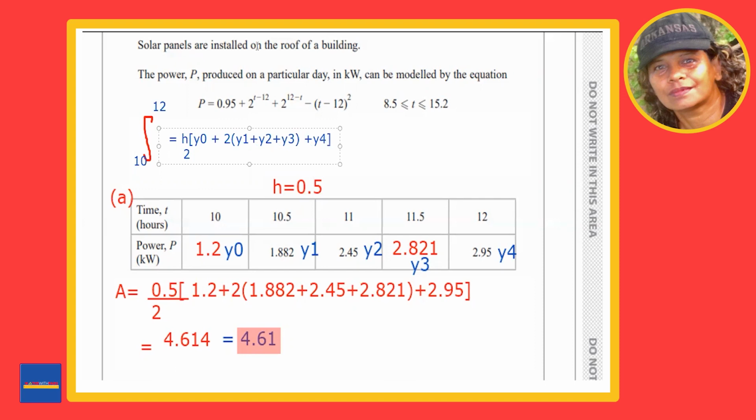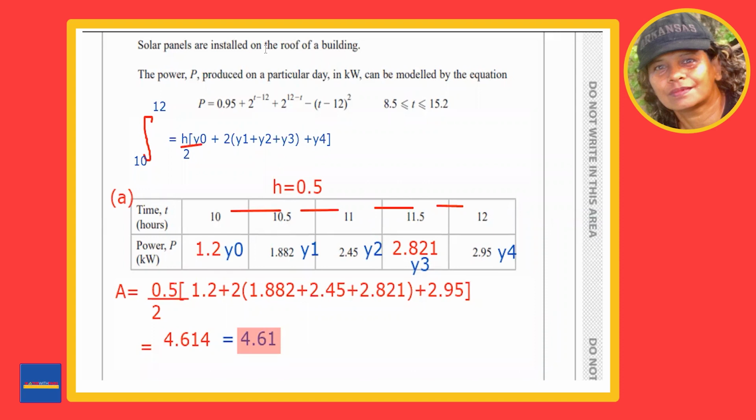Because here the values we have are y0, y1, y2, y3, and y4, and the number of strips we have are 1, 2, 3, and 4. To find h, the difference from 10 to 10.5, h is 0.5.